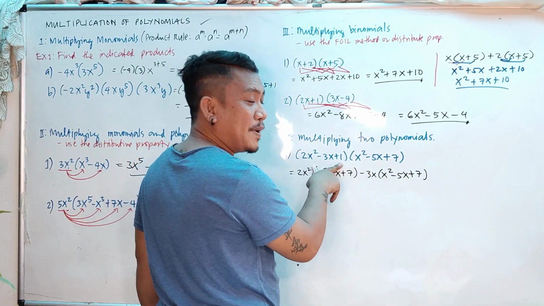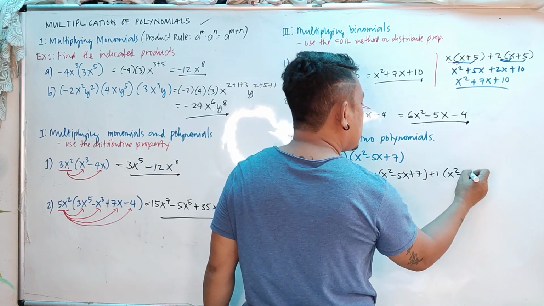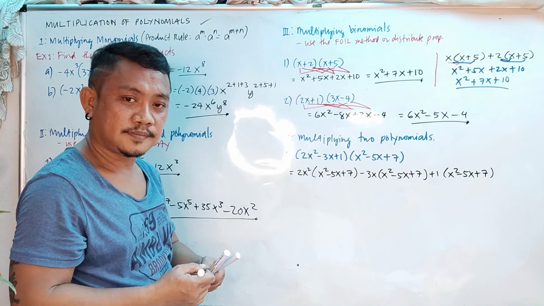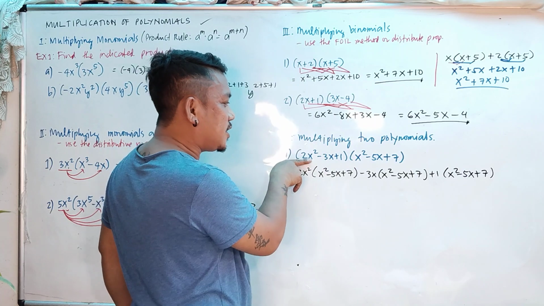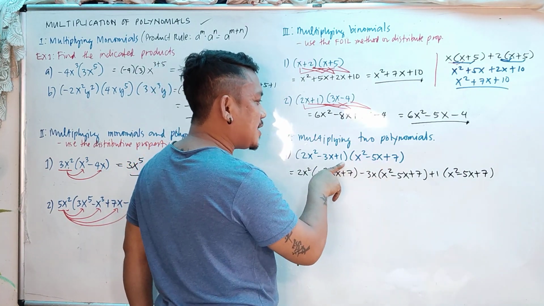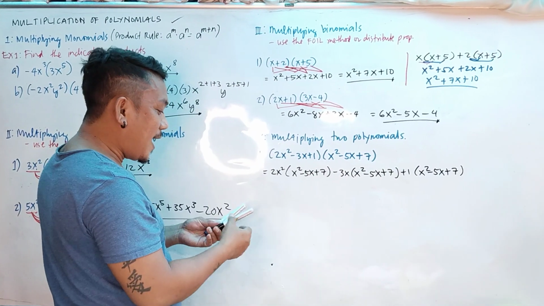So, the third one is plus 1 times x squared minus 5x plus 7. Okay? Distributive property. This 2x squared, multiply it by that. Negative 3x, multiply it by that. Positive 1, multiply it by that. Okay? Then multiply. Let's continue.